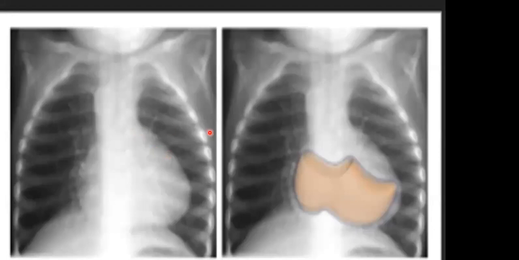So this is what it looks like, the boot-shaped heart. The right ventricle is hypertrophied. Normally the left ventricle is usually a little more prominent as compared to the right ventricle. But here you notice that the right ventricle is also enlarged, due to right ventricular hypertrophy in this patient. And then the arch is tilting more to the right as compared to it being on the left. So this is what you see on a chest radiograph of someone with tetralogy of Fallot.